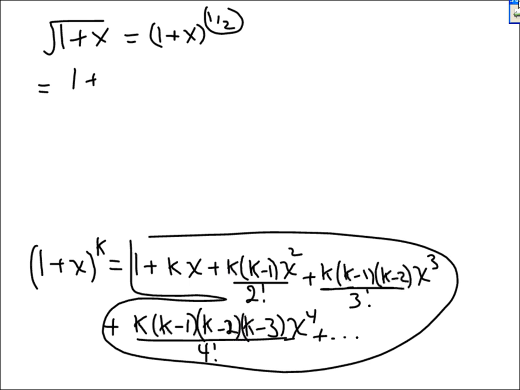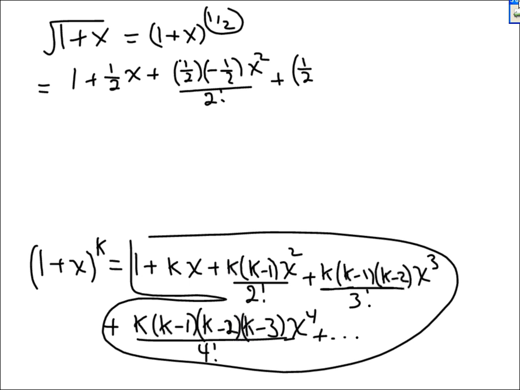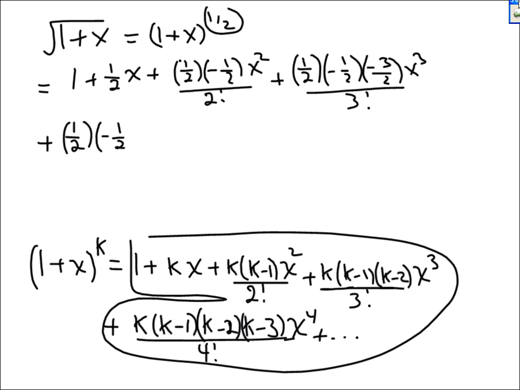So we're going to get this where k is a half. We get 1 plus kx plus k times 1 less than k, x squared over 2 factorial, plus 3 numbers, a half, take away 1, take away 1 again, x cubed over 3 factorial, plus k, then k minus 1, k minus 2, and k minus 3, which is negative 5 halves.